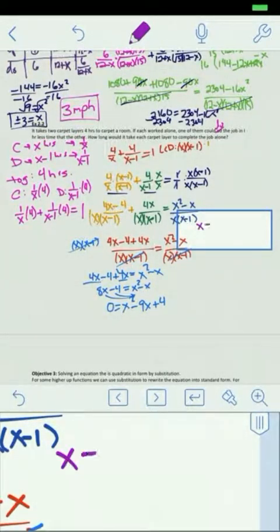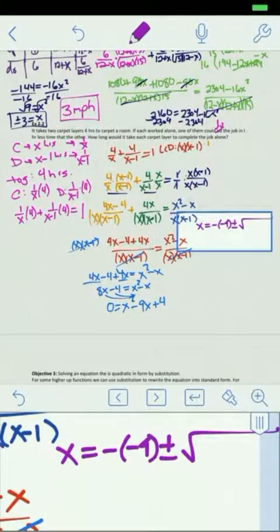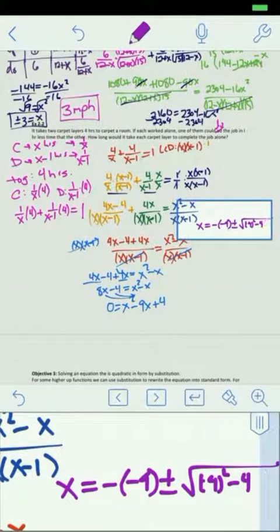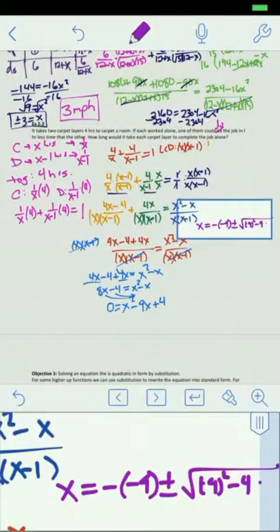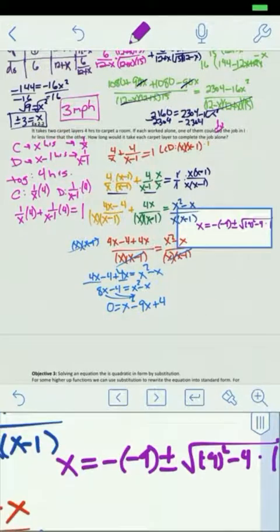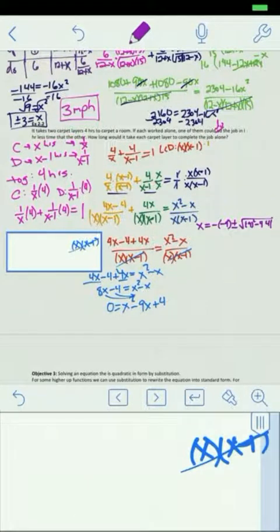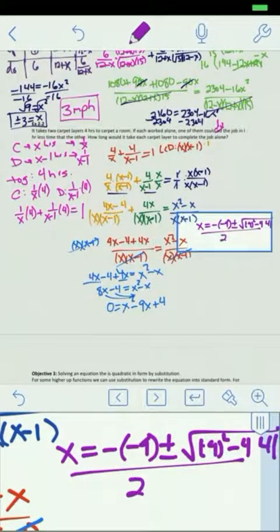Okay. So x is equal to minus negative 9, plus or minus the square root of b squared, so negative 9 squared, minus 4a c, which is 4 times 1 times 4, all over 2 times a, all over 2 times 1.